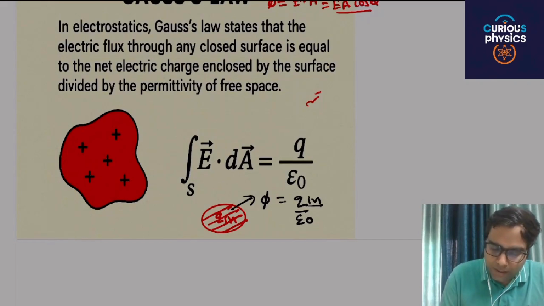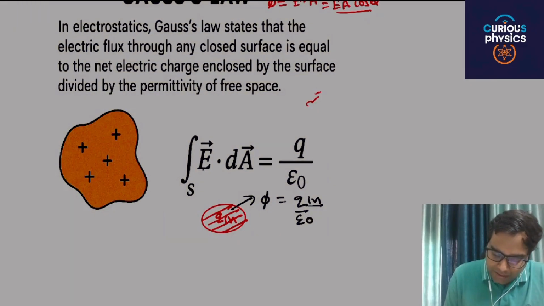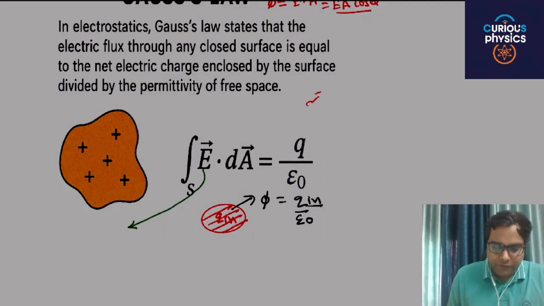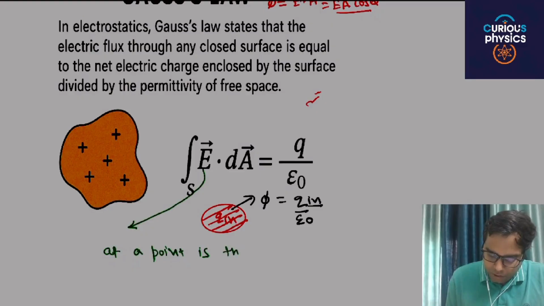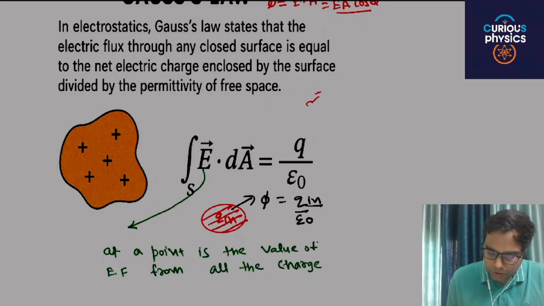Another point: the electric field at a point is the value of the electric field from all the charges present.